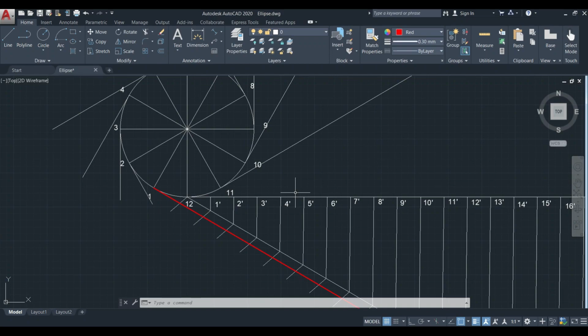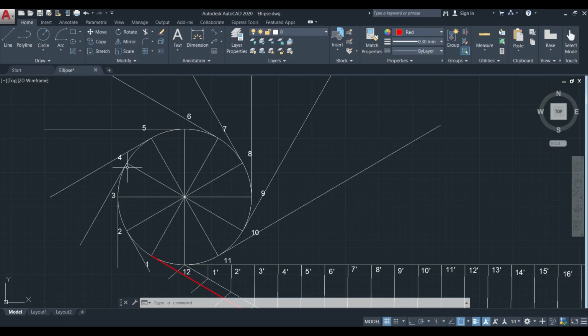Likewise, the next tangent, that is the 14th tangent, should be drawn at the point 2. The 15th tangent should be drawn at the point 3. The 16th tangent should be at the point 4. The 17th should be at the point 5 and the 18th tangent should be at the point 6. Then only we will get a 1.5 turn of involute.